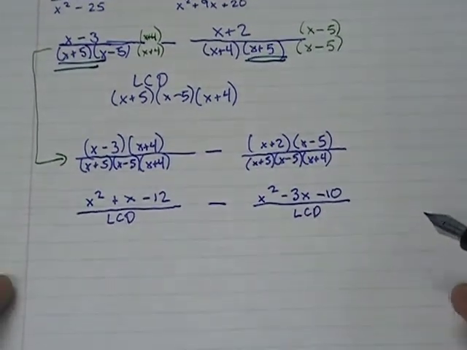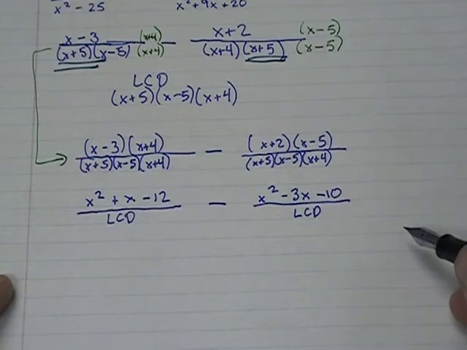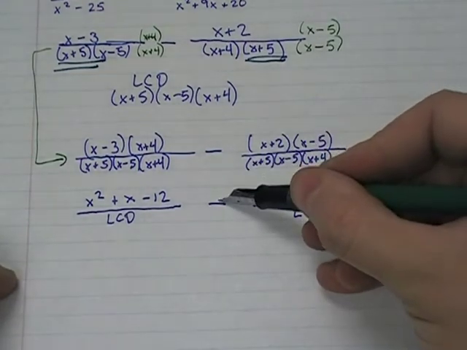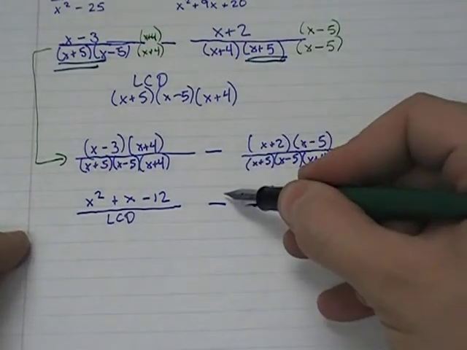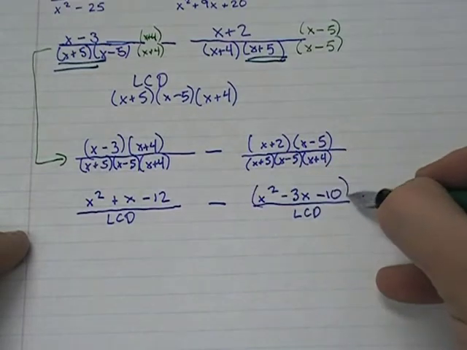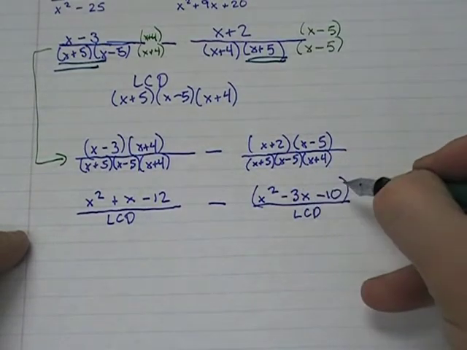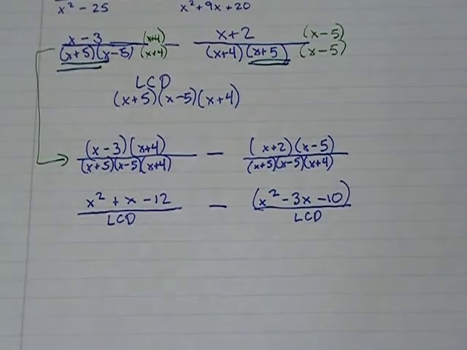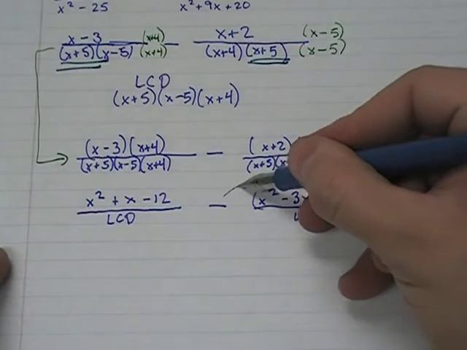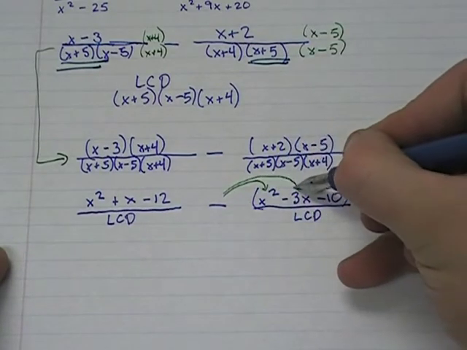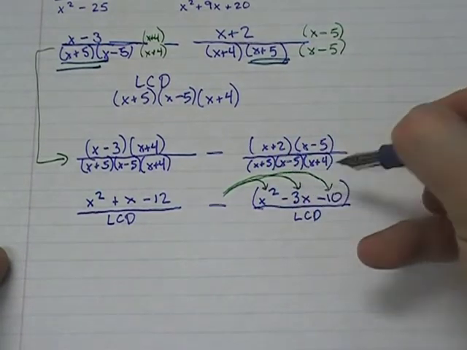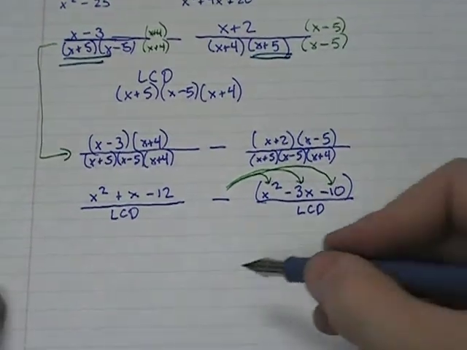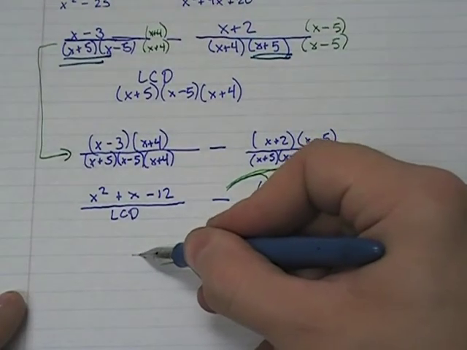Okay? Now, big trick here. When you have subtraction, that subtraction sign has to be distributed to each and every term in this second polynomial. And again, I'm going to show this in a different color. So this negative sign is going to be distributed to each of these. And we're going to combine like terms. Okay?